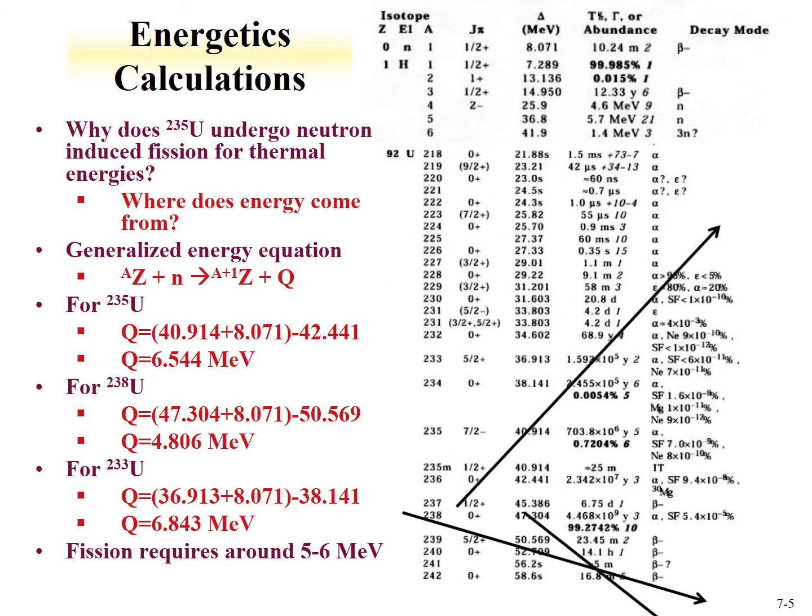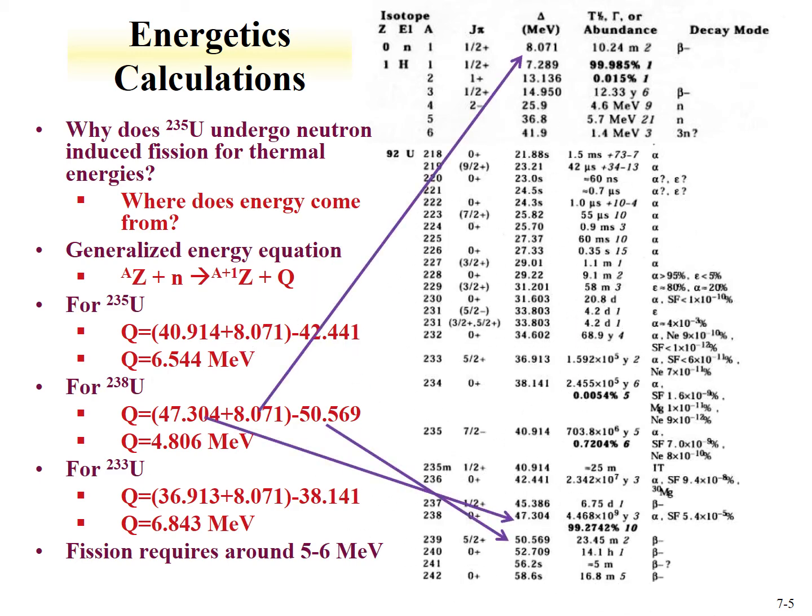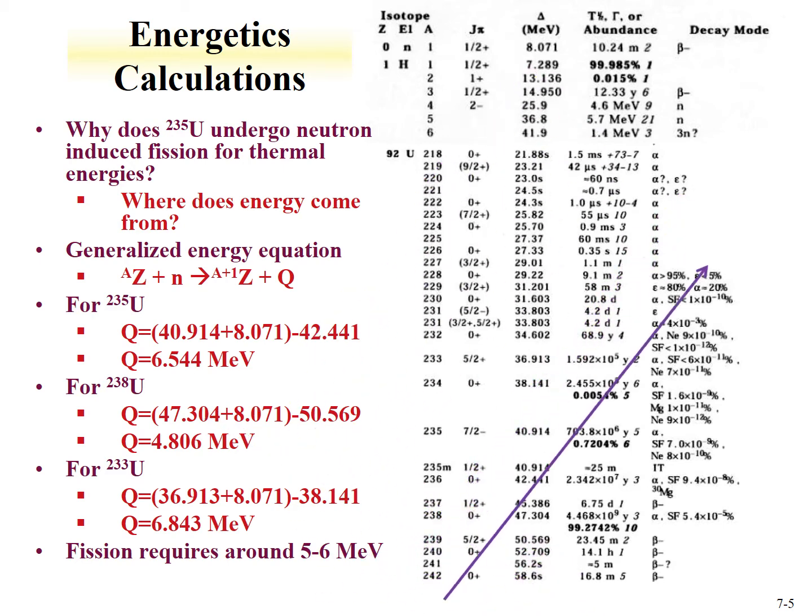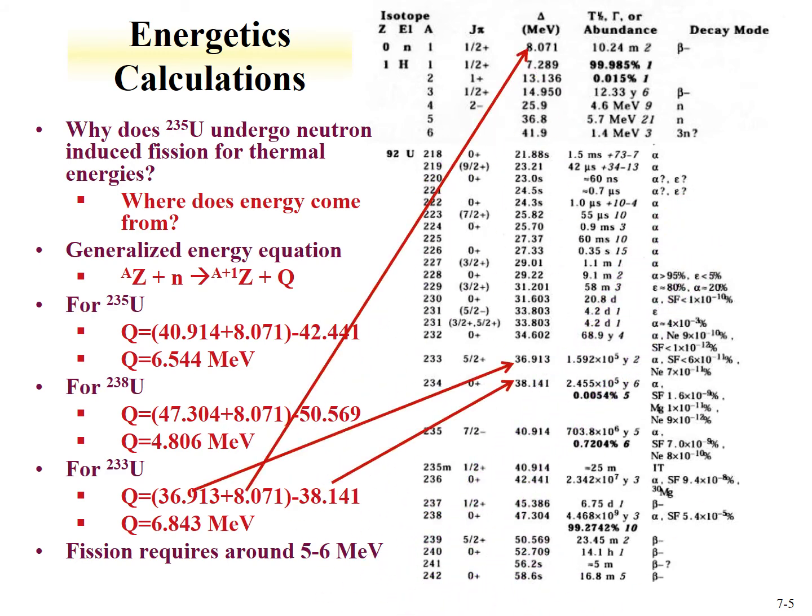For uranium-238, the data is shown here. So here's our mass excess for uranium-238, mass excess for uranium-239, and mass excess for the neutron, giving us a Q value of 4.8 MeV. And then for uranium-233, the mass excesses are shown here. Again, this is the uranium-233, the neutron, and the uranium-234.